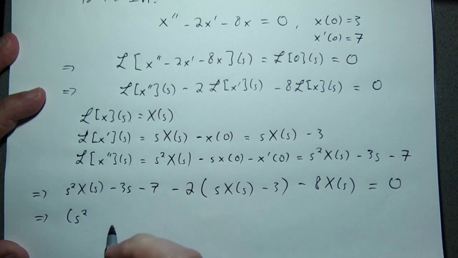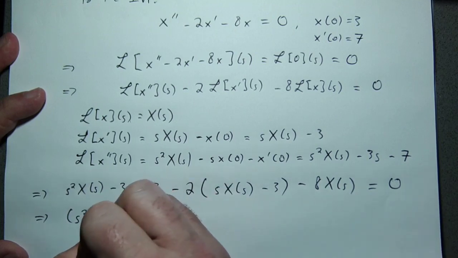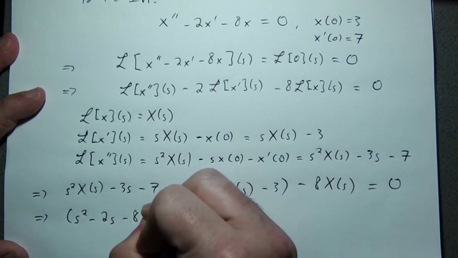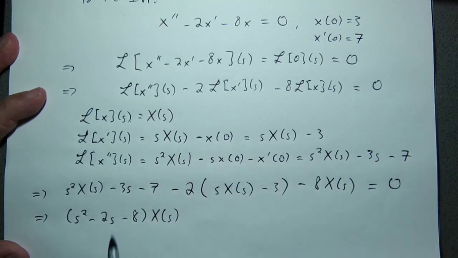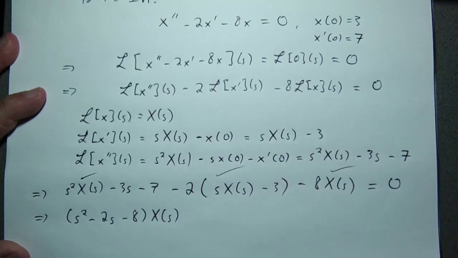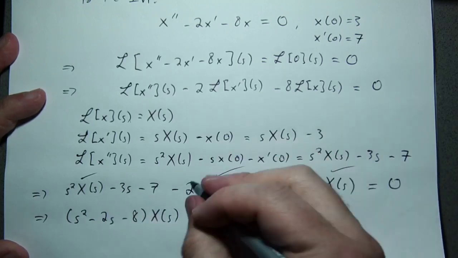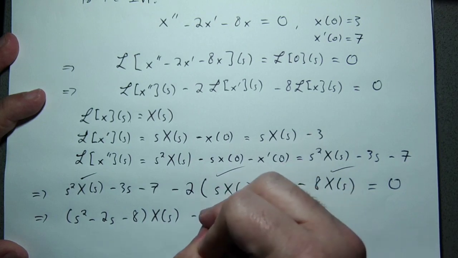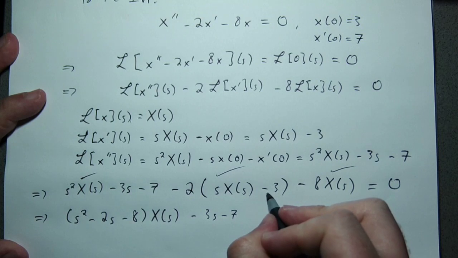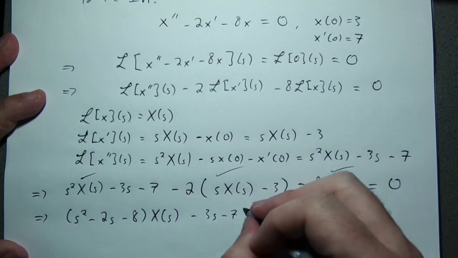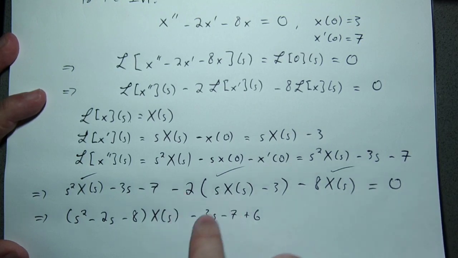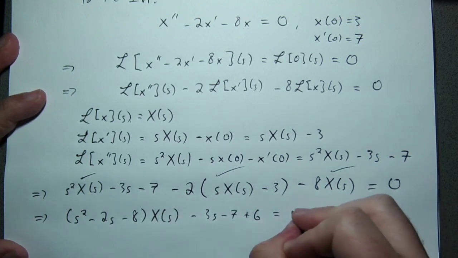I get s squared minus 2s minus 8 times big X of s. That takes care of those terms. What am I left with? I have minus 3s minus 7. Minus 2 times minus 3 is plus 6. And that takes care of everything else. That's equal to 0.